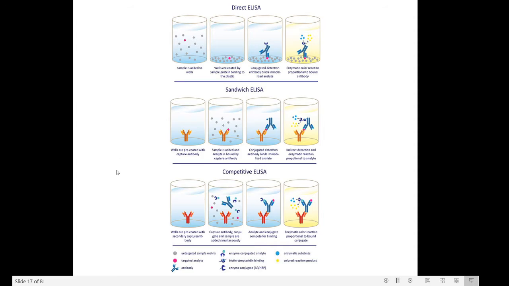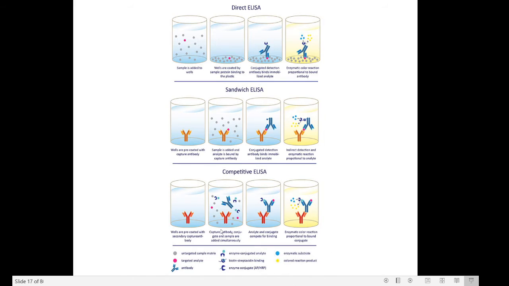Then another one is the competitive ELISA. First is the addition of the antibody. Then in the second step, we add the antigen and antibody both in the same step. If antibody interaction happens in the sample, that sample has the immune effect; this happens in our rapid test.